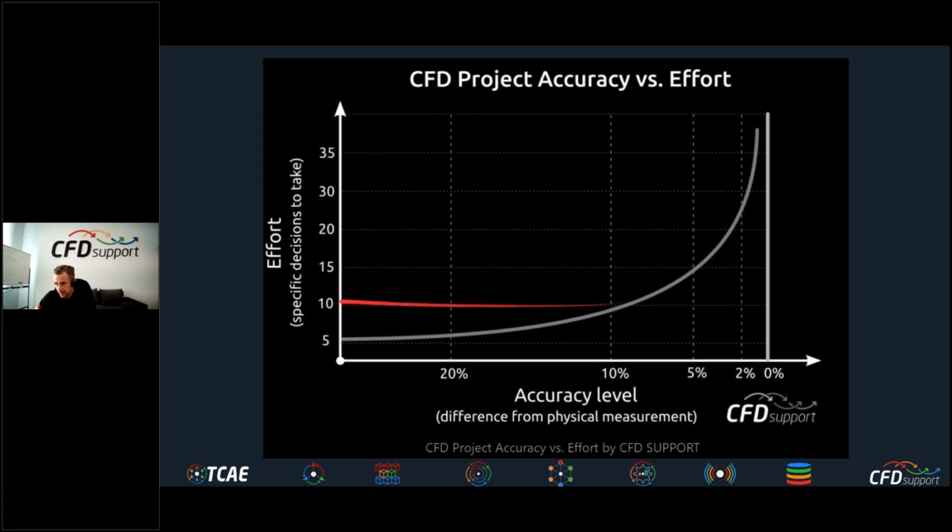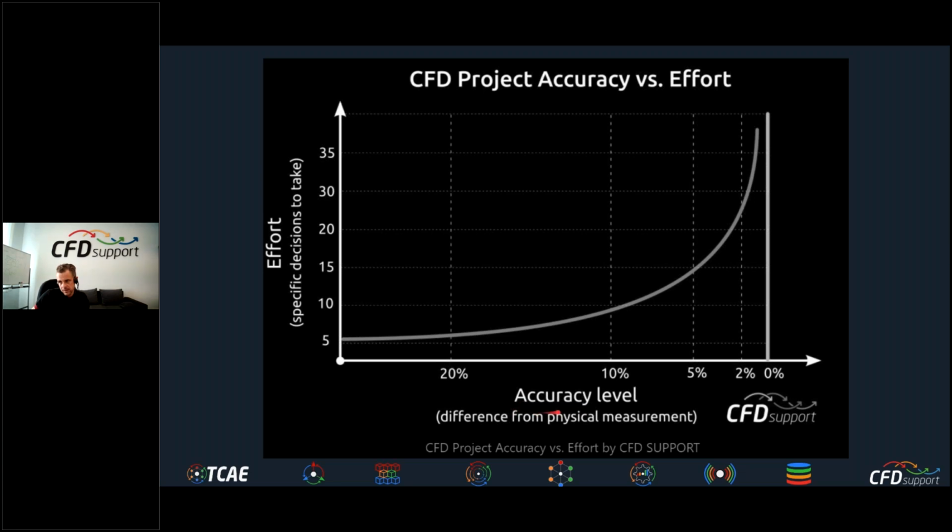So you make 10 resolved decisions: you choose the solver, the boundary conditions, the mesh, which is not bad, the turbulence model, and the geometry representation correctly, and then you can already receive something which is 10% away from the ideal results.